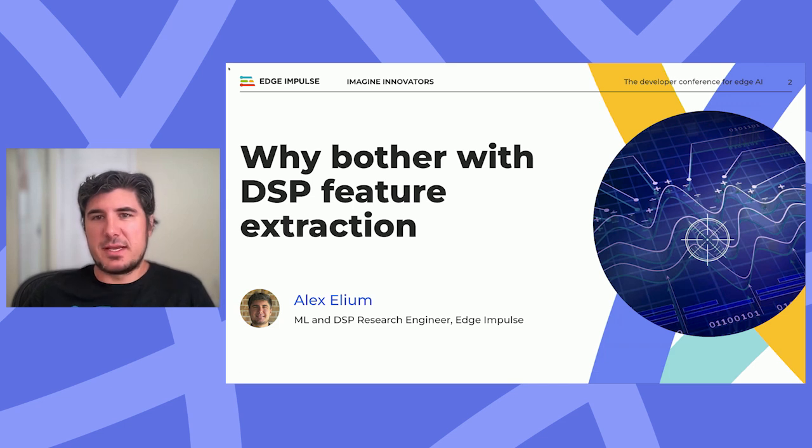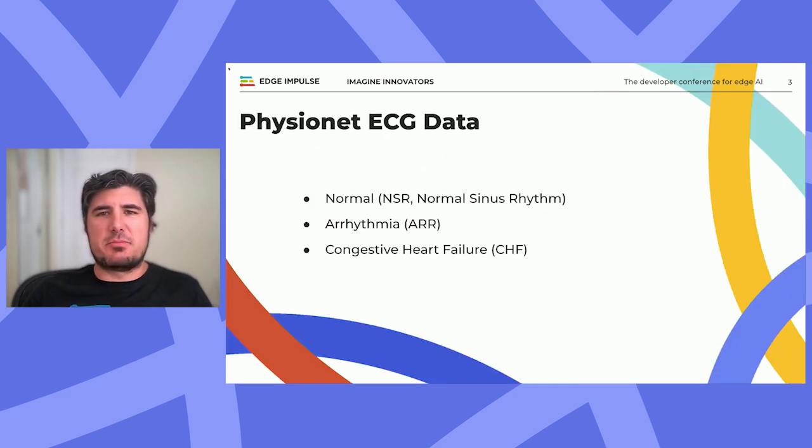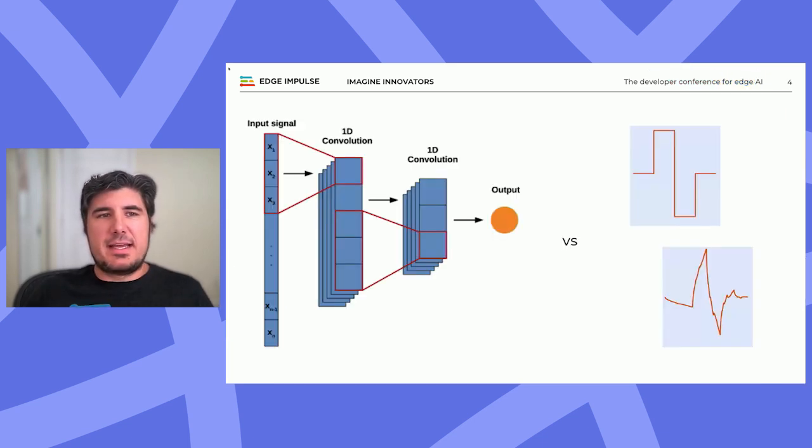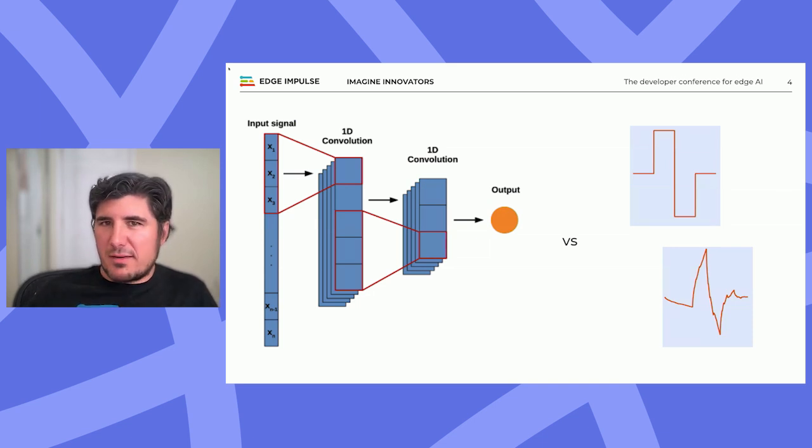What's the difference? So the data set we're going to look at is from PhysioNet. It's ECG data, single channel, and it has three classes: normal, arrhythmia, and congestive heart failure. The two different ways to attack it we're going to look at is a pure, what we call raw in Studio, meaning no signal processing, no feature extractor.